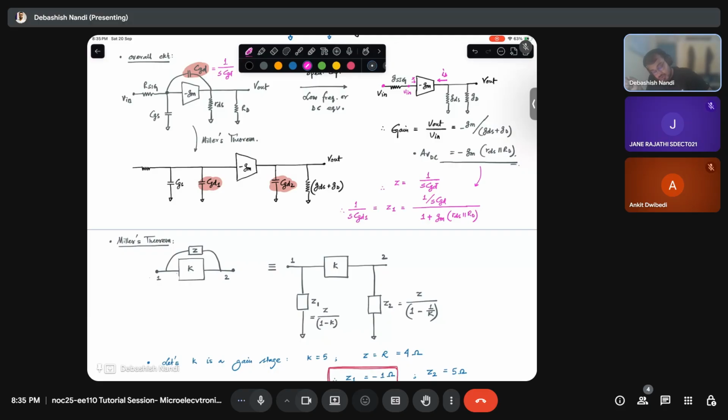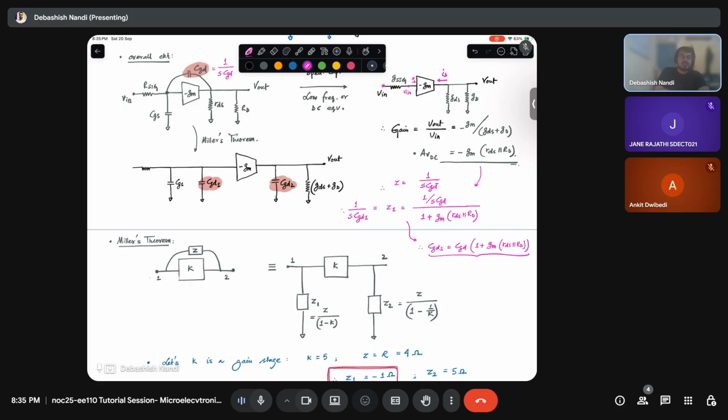Fine. So from this we can write CGD1 is equal to, what? S will get cancelled. It will be CGD times 1 plus GM times RDS parallel RD. Okay.